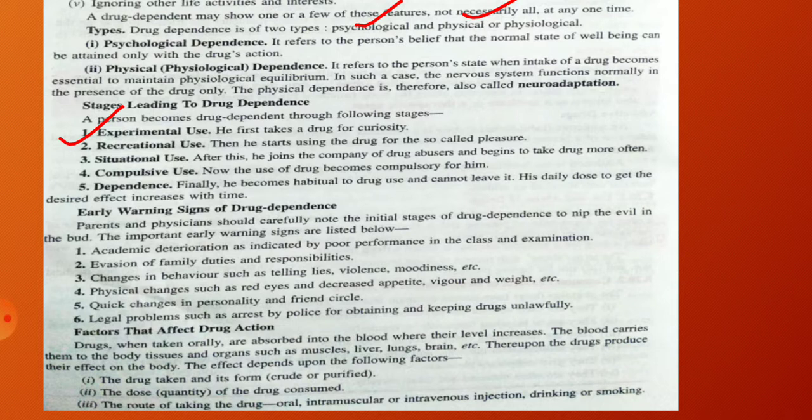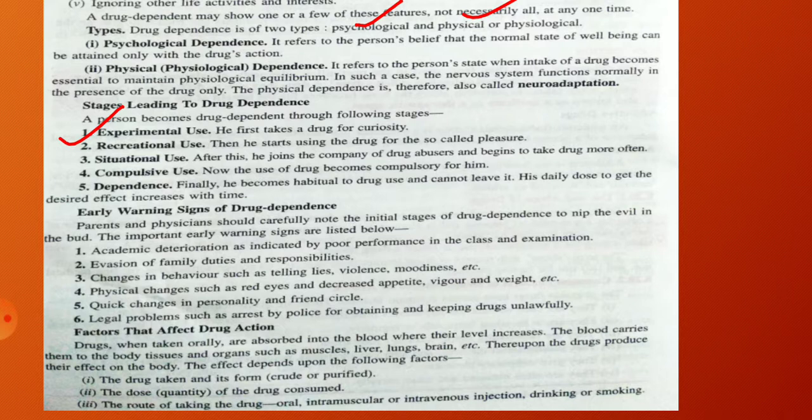The physical changes like red eyes, decreased appetite, vigor, weight loss, and quick changes in personality and friend circle. This is the most common early warning sign of drug dependence, because if any person is becoming drug dependent, then he definitely changes his friend circles.